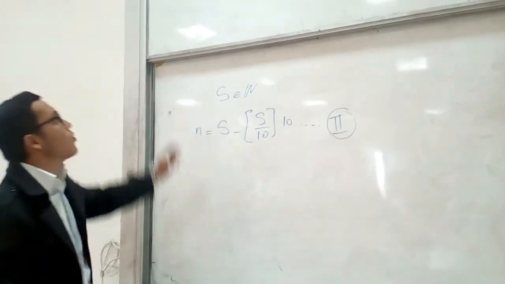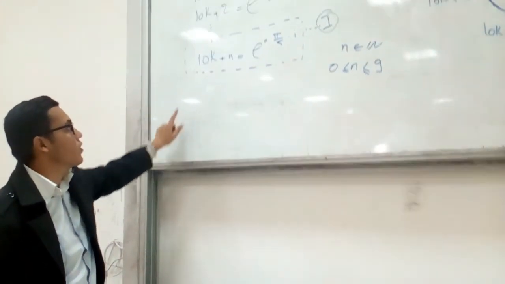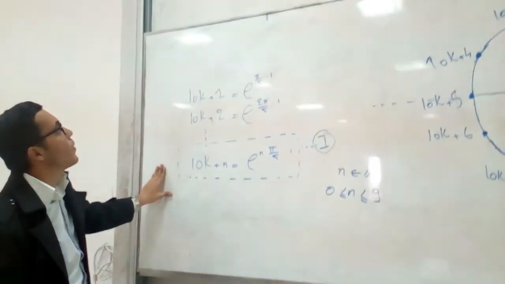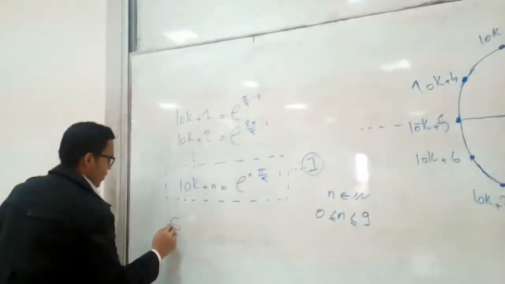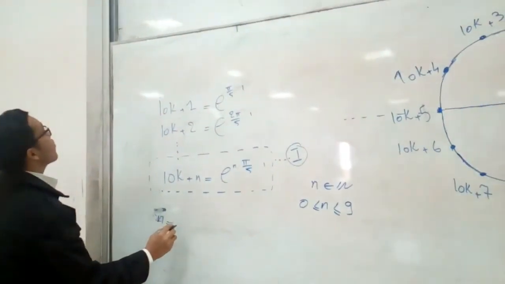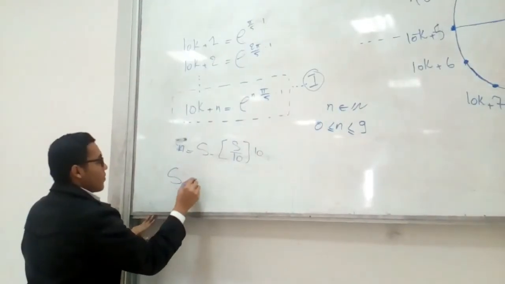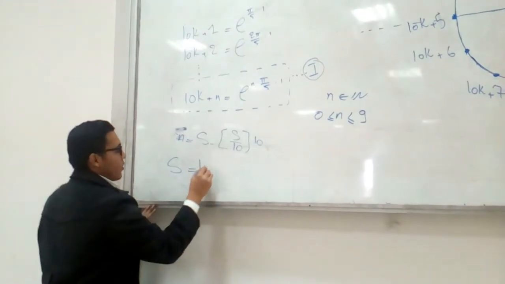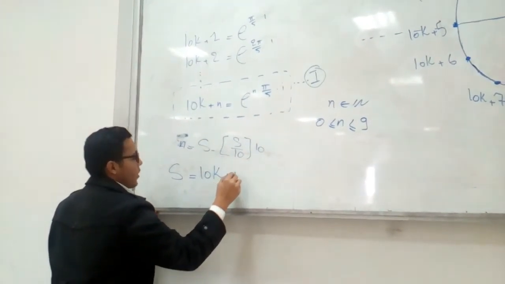And we also found this one, which we will come back to. So we said that n is the last digit. We can write s this way: s is equal to 10k plus n.